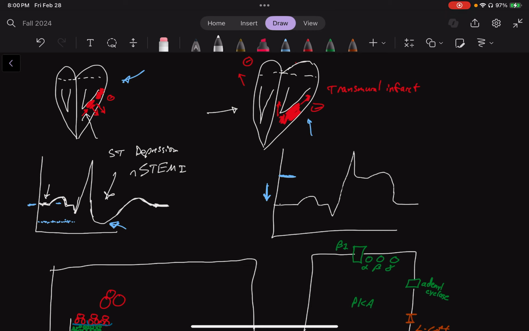So then depolarization of the atrium starts, and then you've got depolarization of the left bundle branch, which then spreads up, and then the depolarization of the ventricle, right here, the R, and then the S. At the end of the S wave, that's when the entire heart is depolarized, and when there's no charge separation, the normal isoelectric point is right here, right?